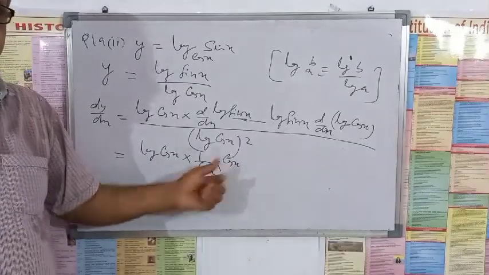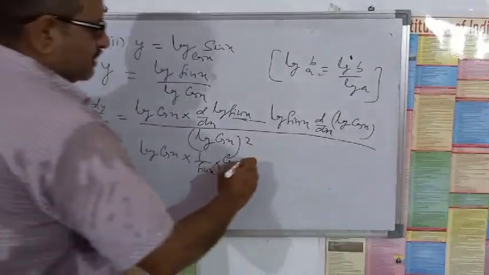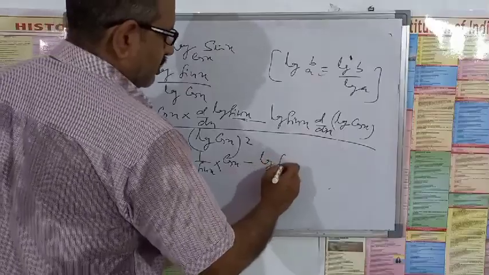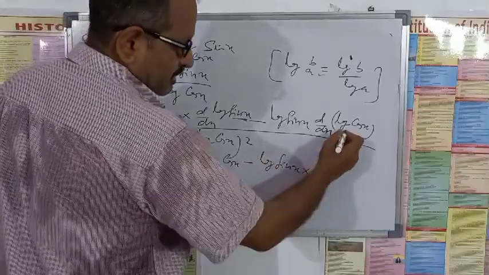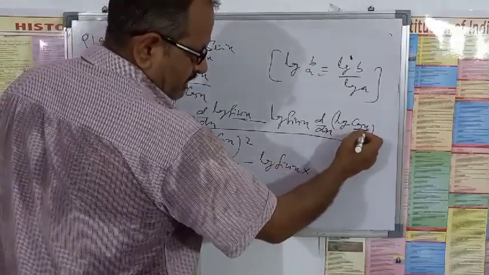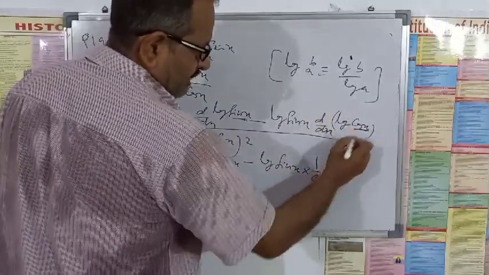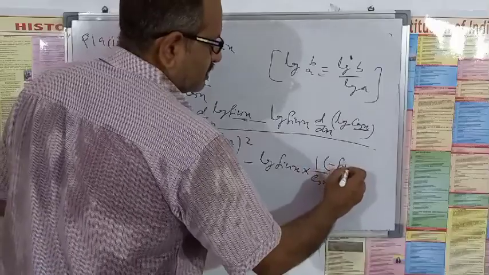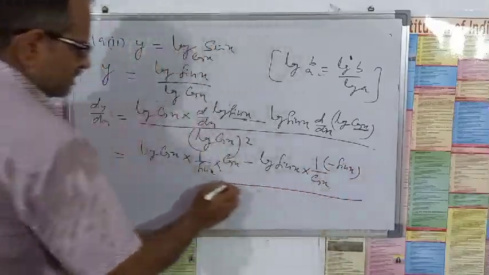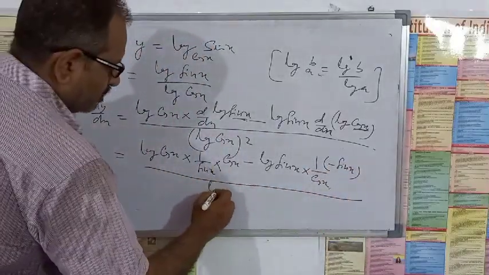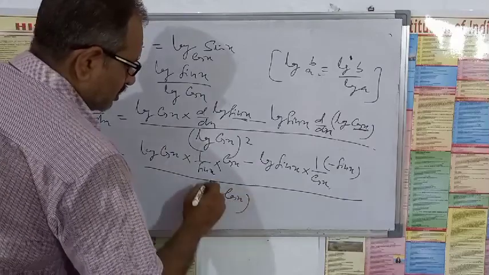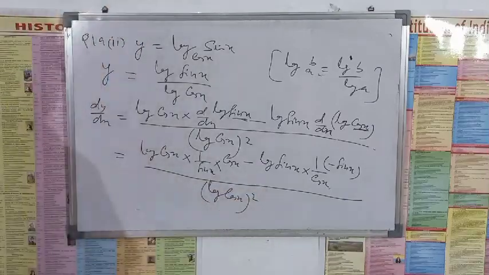Sin x derivative is cos x. Minus log of sin x, derivative of log cos x. Take this cos x as x. So it is 1 by cos x, and then derivative of cos x is minus sin x, upon log of cos x whole square.